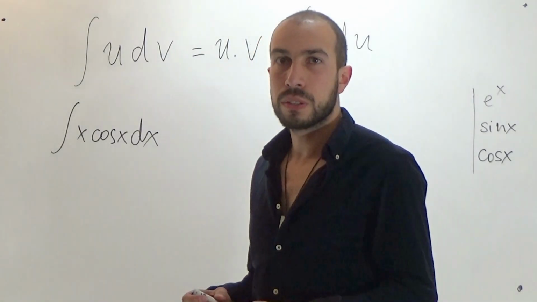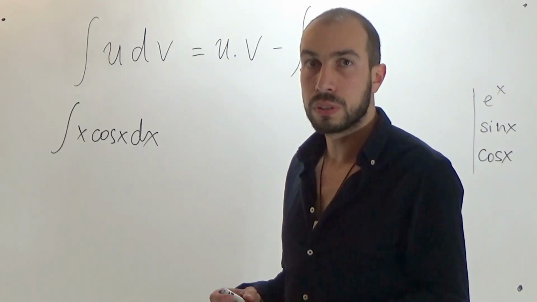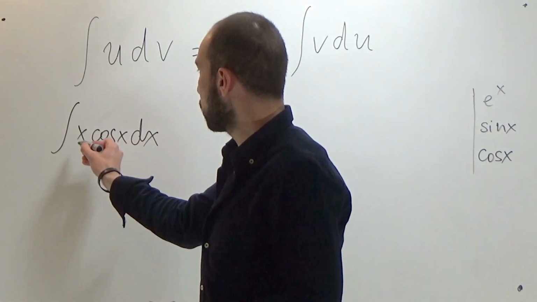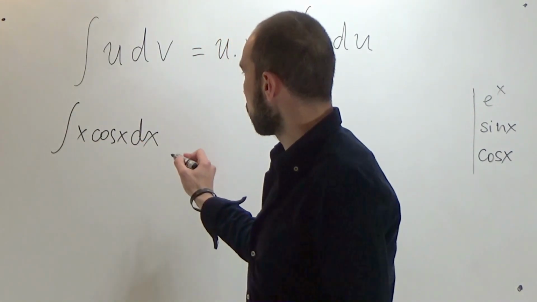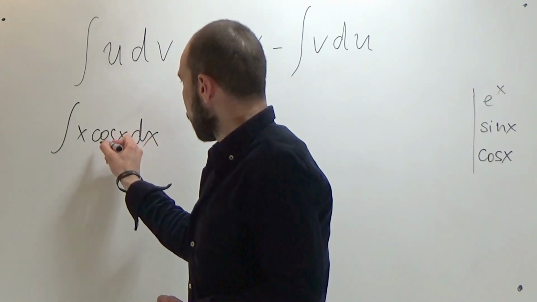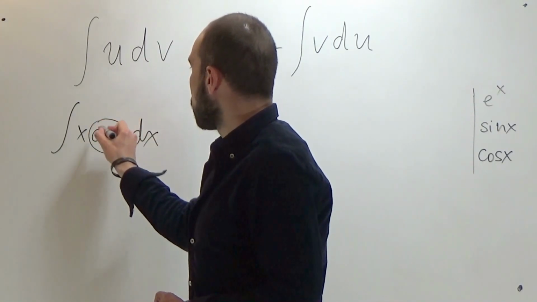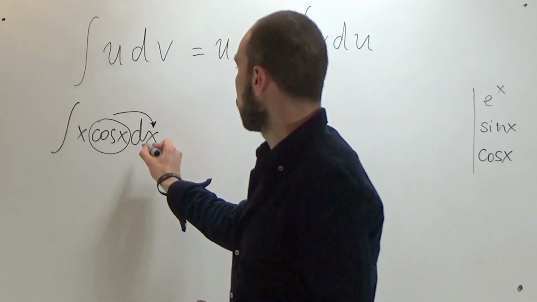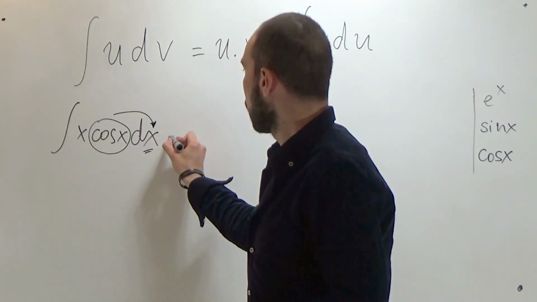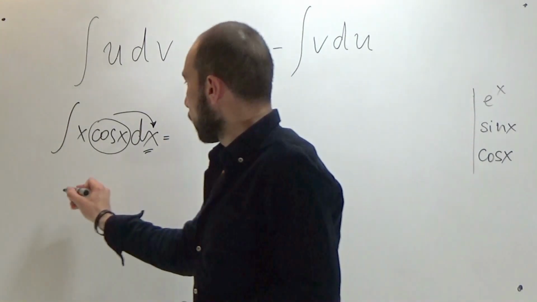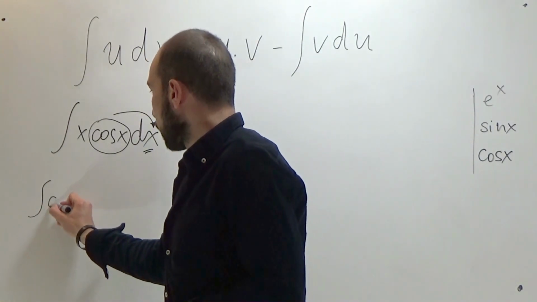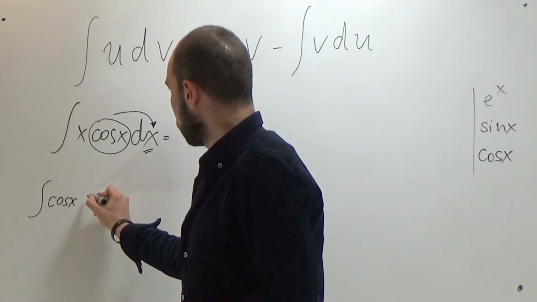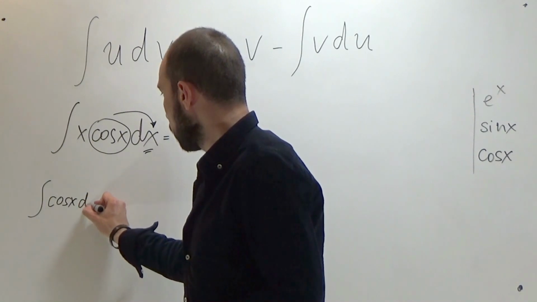And this is the last example that I'll show you in this video. We have two functions, x and cosinus function. This function has a priority to be placed here after the sign of the differential. And this integral has to be calculated.